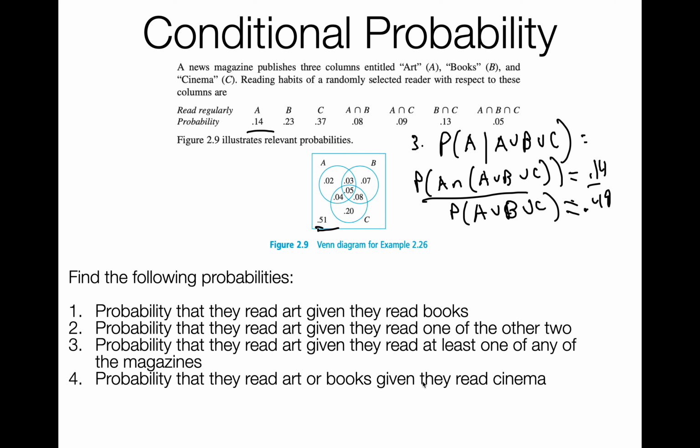And so then you divide 0.14 by 0.49, and the answer there is 0.286. Okay, so then once we get rid of this, we can do number 4.